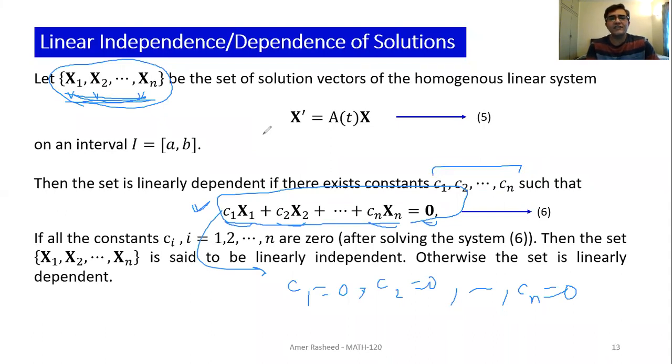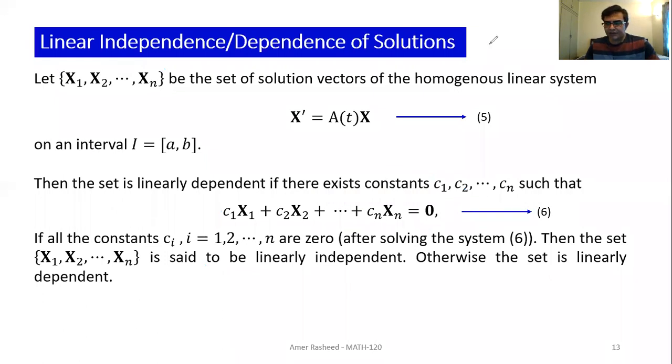Otherwise, this set is linearly dependent. Or you can say that if at least one of these C's is non-zero, then this set is linearly dependent. We have already discussed these things. I hope you get it.